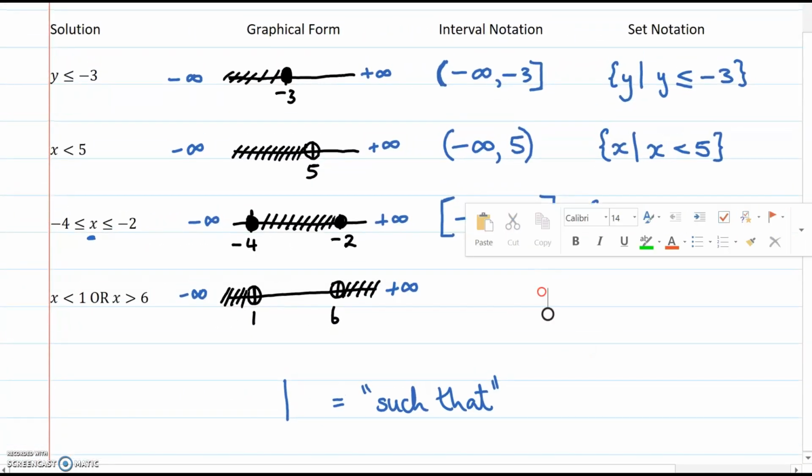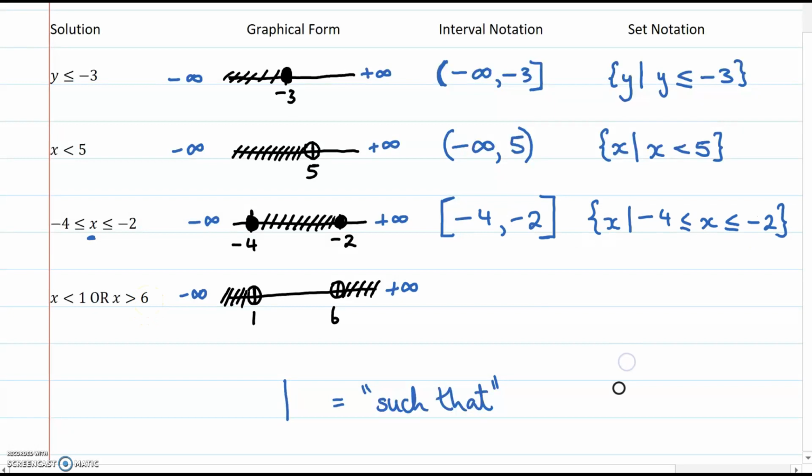This last question: x is less than 1 or x is greater than 6. If we look at the number line, it gives us a clue. The first part of this goes from negative infinity to 1. This is a little bit more complicated. From negative infinity to 1, and the 1 isn't included, so we're going to use a parenthesis.